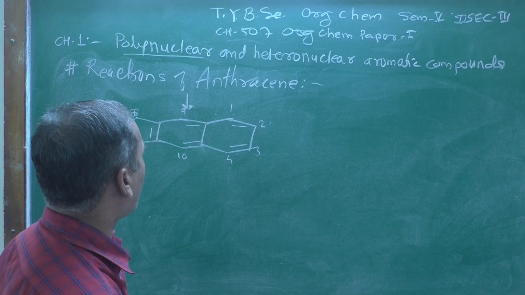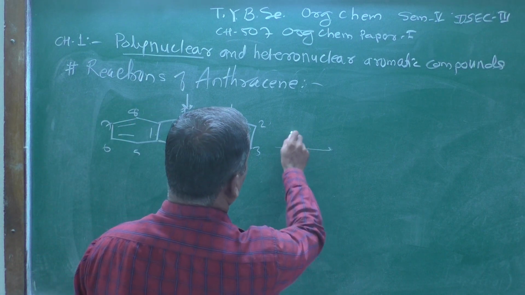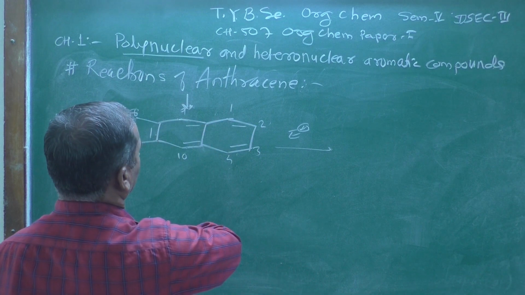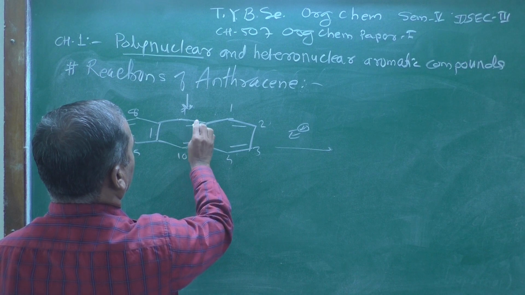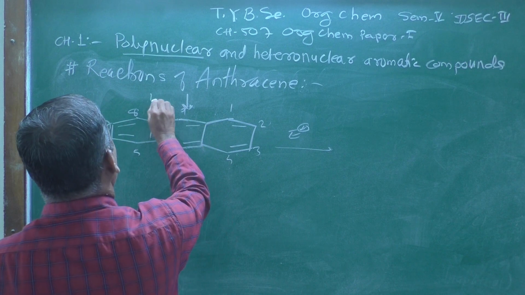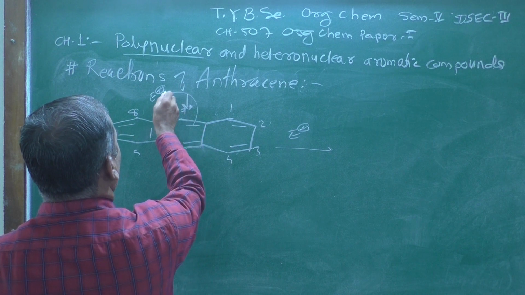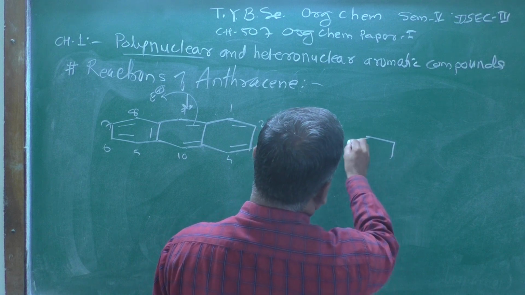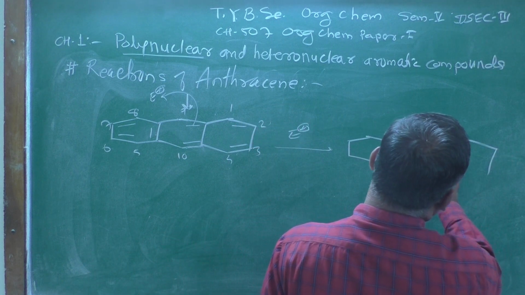Then what is going to happen when an electrophile attacks at this position? Let us see. This electrophile I am showing here, and then it is attacking like this. So what is going to happen? You are going to get this type of compound, which I am showing over here.